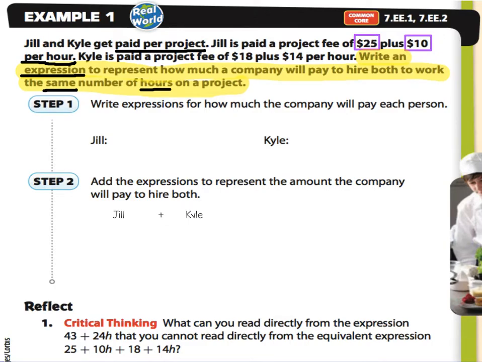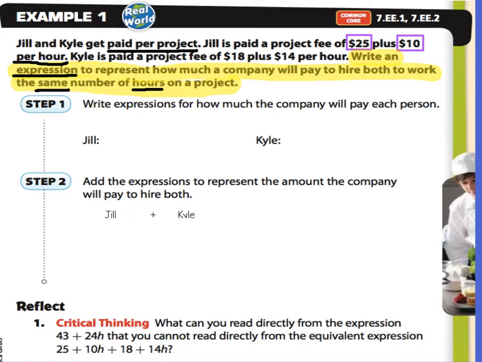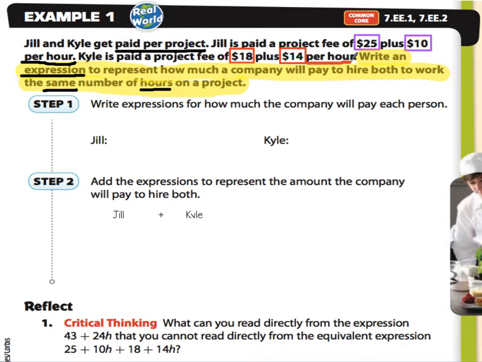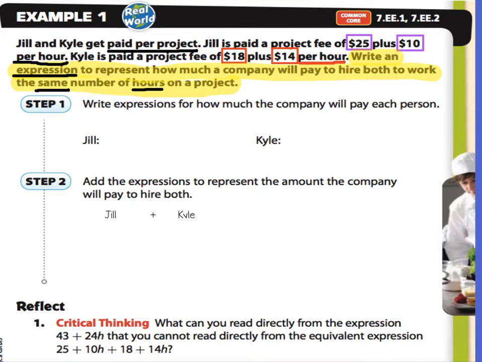All right, and next we have Kyle, and I'm going to do his in red. So Kyle has a project fee of $18. And he also earns $14, but that is also per hour. I guess I shouldn't have circled per hour, because per tells us that we're going to multiply. So per will be our to-do word for both of these.